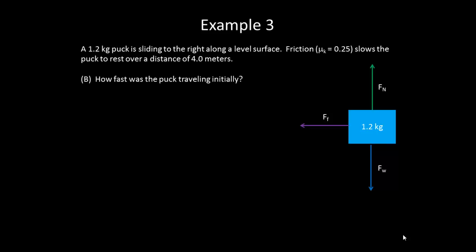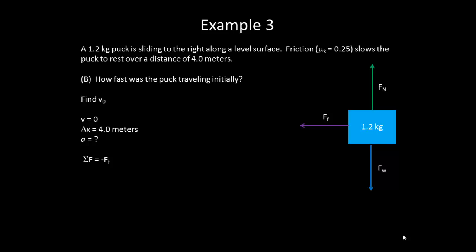How fast was the puck traveling initially? Well, we're essentially trying to find the initial velocity. We know that the final velocity will be 0 and that the displacement was 4 meters. To solve for the initial velocity, if we had the acceleration, we could find it. Well, we can use forces to find acceleration.